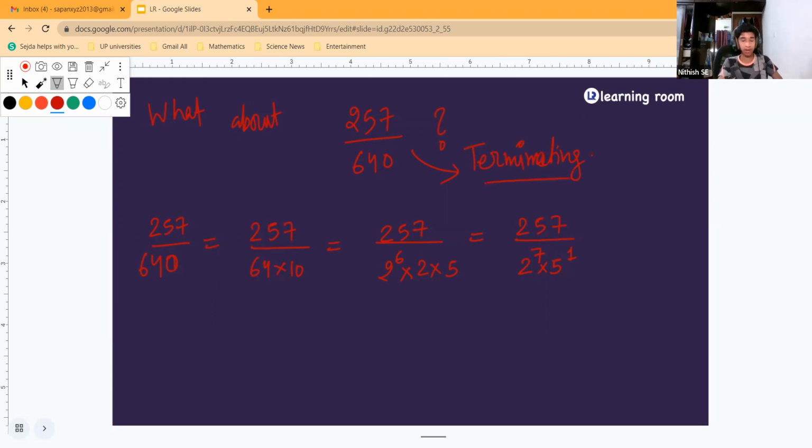Sir, how do you find 640 faster, like getting the powers of it? That's quite tough. Quick thinking in exams. It's because when you do a good number of questions, by practice you will learn powers of 2, powers of 3, powers of 4 and 5.